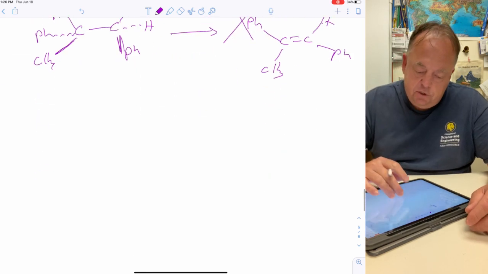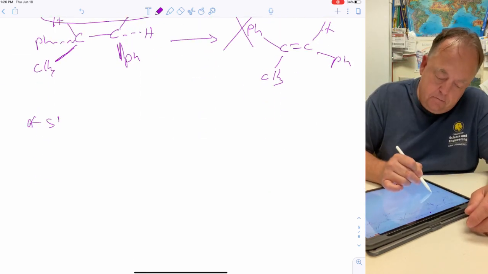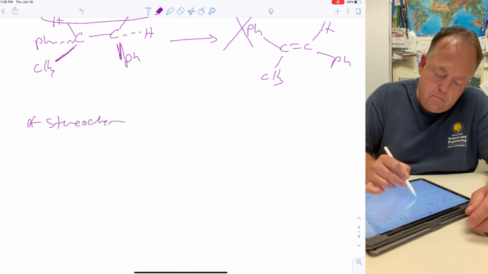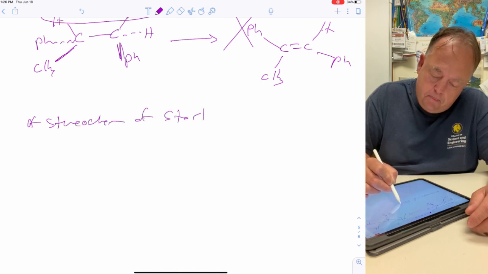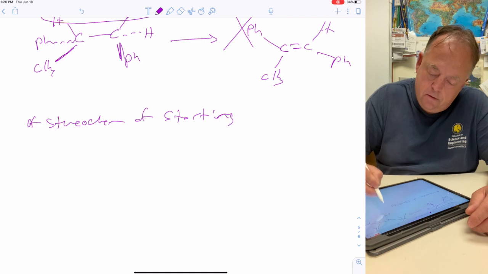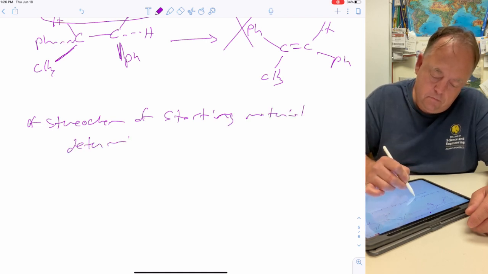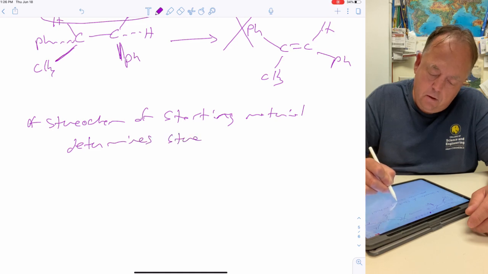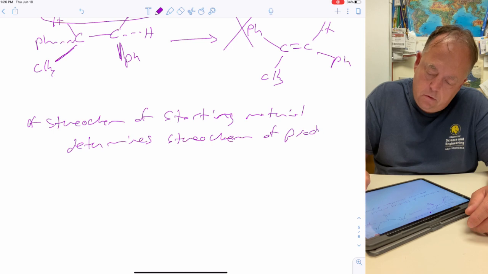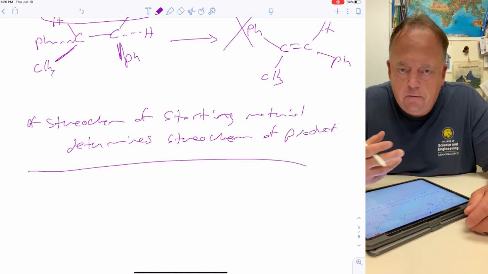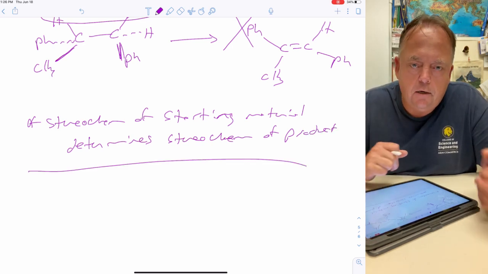So the point being, the stereochemistry of the starting material determines the stereochemistry of the product.